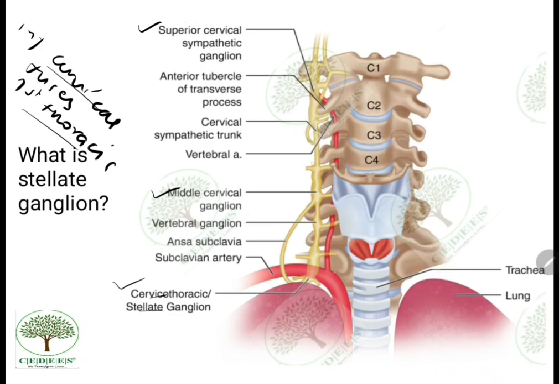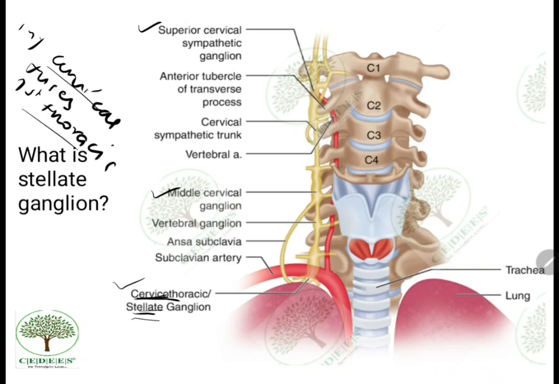Since it's a fusion of the ganglia of the C spine and the ganglia of the thoracic spine, it will be called the cervicothoracic ganglion. Now this ganglion is polygonal or star shaped, and hence it is also called the stellate ganglion. So to answer your question, it is one and the same thing, the cervicothoracic and the stellate ganglion.